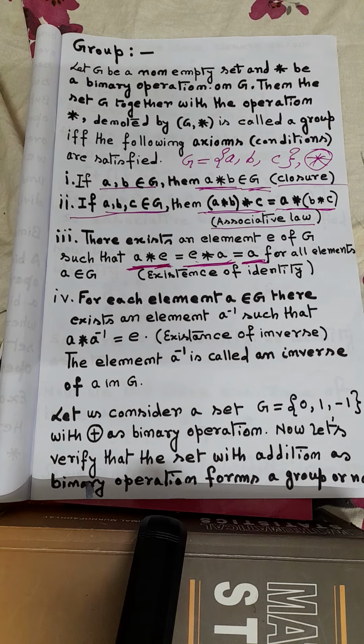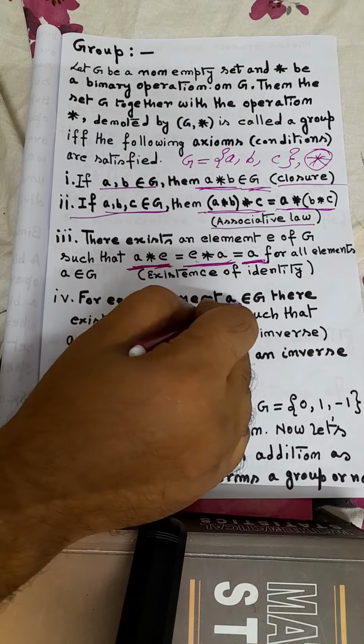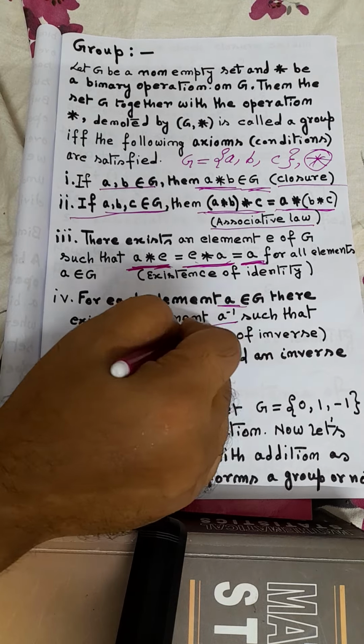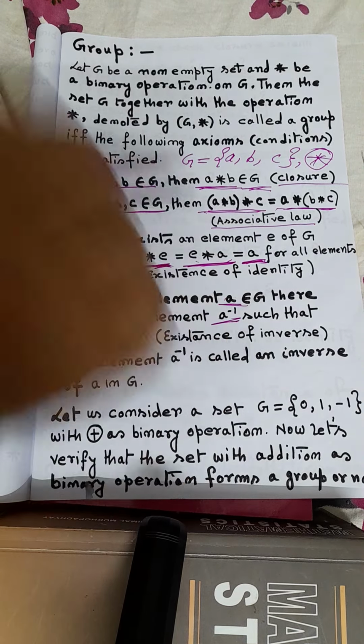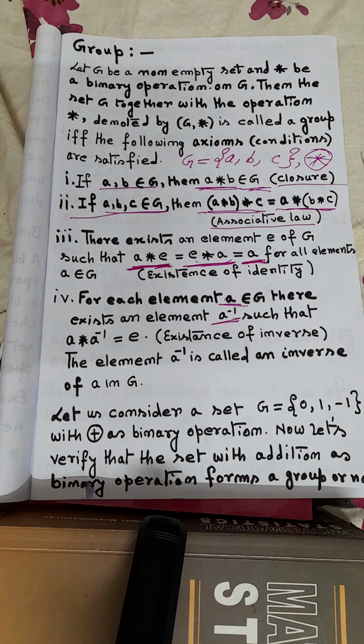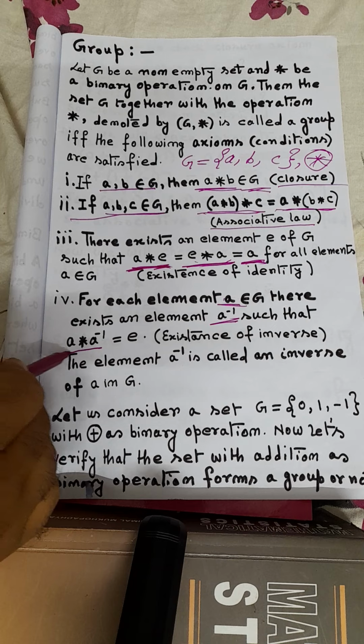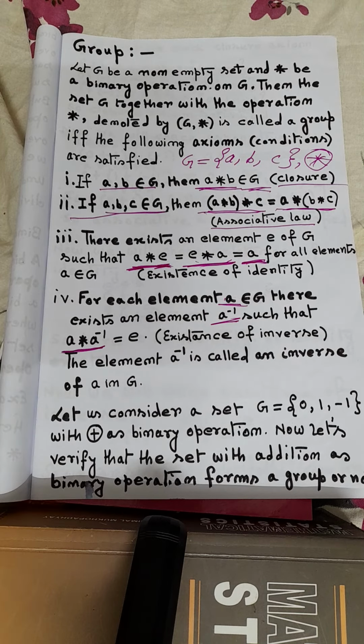And what is inverse? Let us suppose we have the element A, and its inverse will be defined as A inverse if A binary operation A inverse always produces the identity element. And for that I have given you a very simple example.